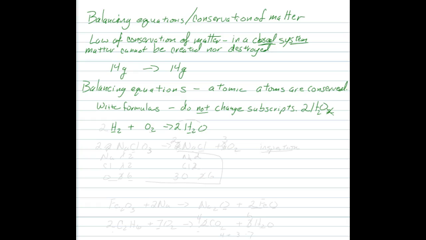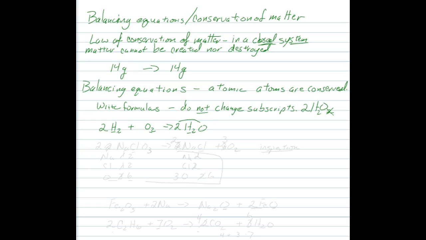Well, now you've got 2 times 2 is 4 hydrogens, so you need to put a 2 there. And then make sure you go back and check. 2 times 2 is 4 hydrogens, 2 oxygens. So that does work out.